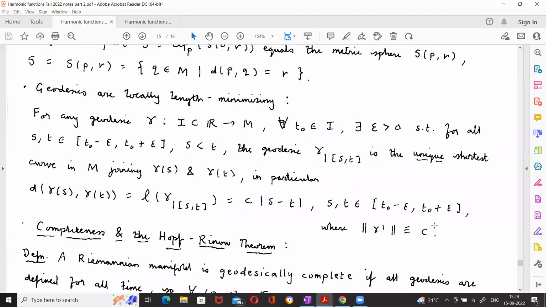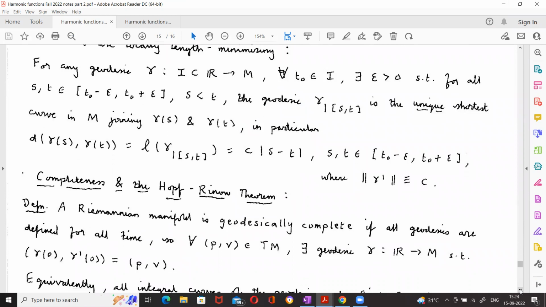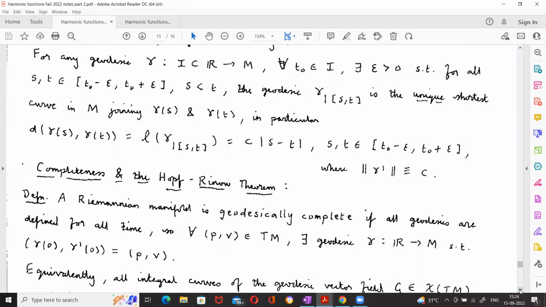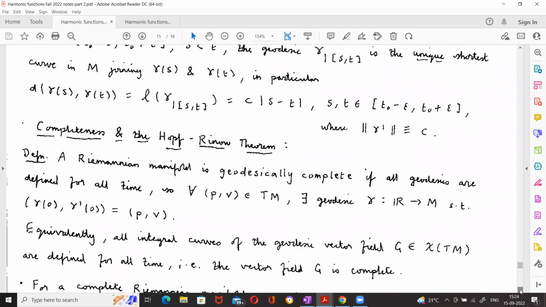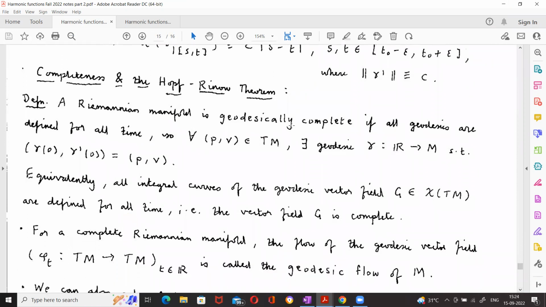Okay. So now let's come to what's called the Hopf-Rinow theorem, which is about completeness of Riemannian manifolds. First of all, a Riemannian manifold is said to be geodesically complete if all geodesics are defined for all time.